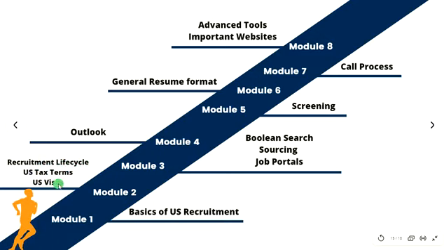The third module will be on Boolean search, sourcing, job portals. The fourth module will be on Outlook. The fifth module will be on screening. The sixth module will be on general resume format. The seventh module will be on call process, call etiquettes and email writing. And the eighth module will be on advanced tools and important websites to be remembered.